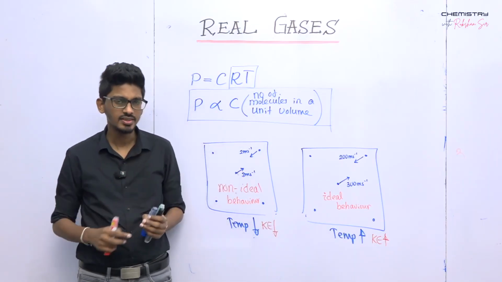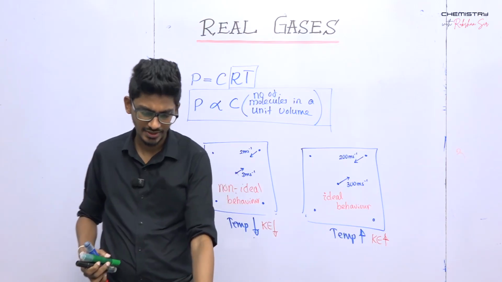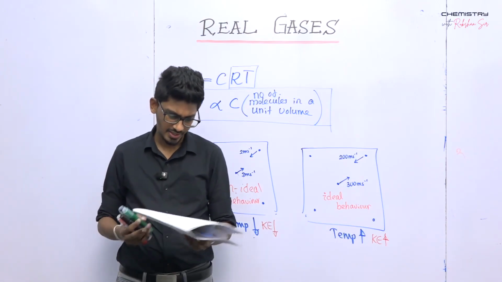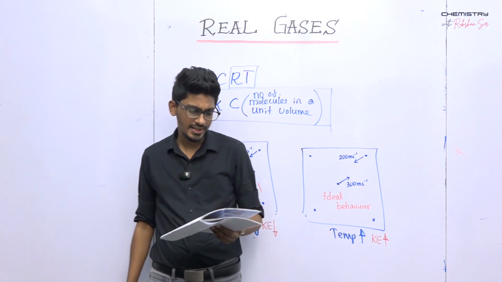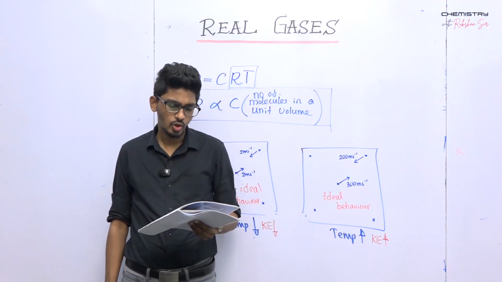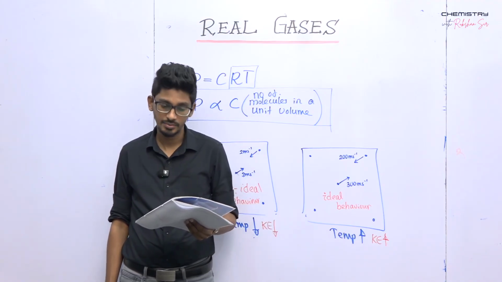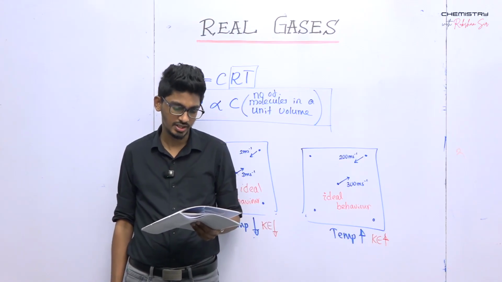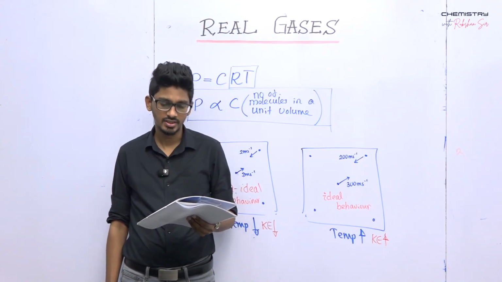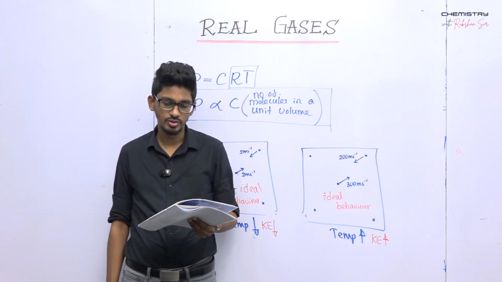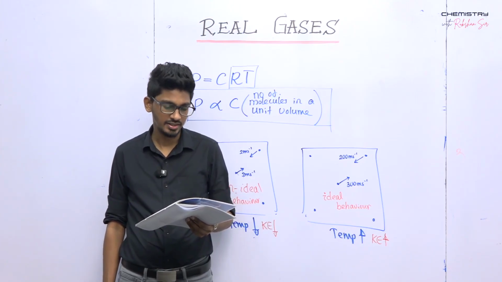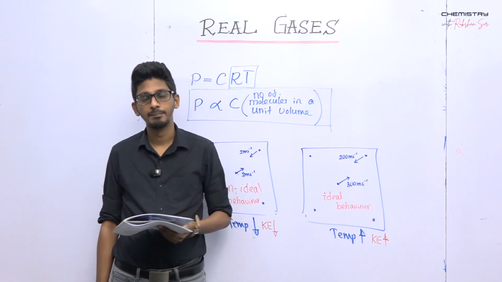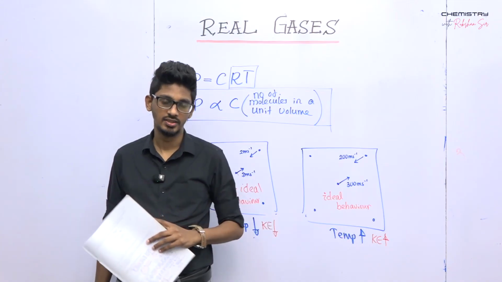Just go to the note quickly, what they are saying there. At page number 18, it is said that even if low pressures and high temperatures are favorable conditions for the ideal behavior of real gases, in other conditions, real gases do not behave ideally, and hence, for real gases, PV is not equal to nRT.